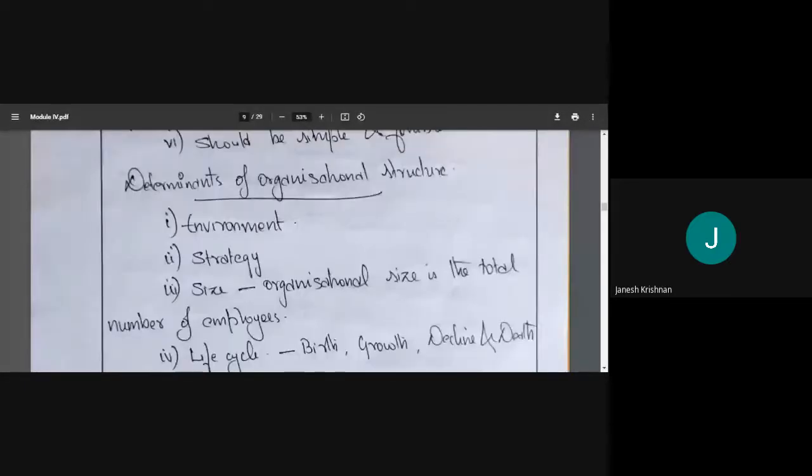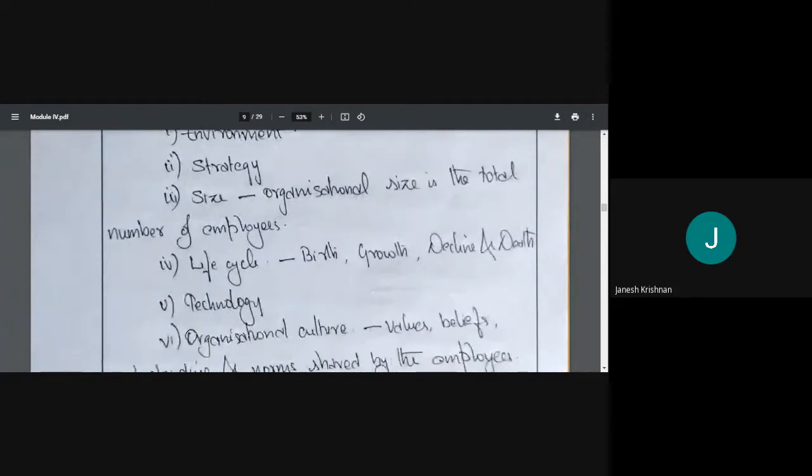In business we have competition with others, technological development, government laws, and everything depends on the environment. Then strategy: what our policies are, what our aim is, will also depend on strategy. And size means number of employees. If we have more employees, we need a better structure. Then life cycle.